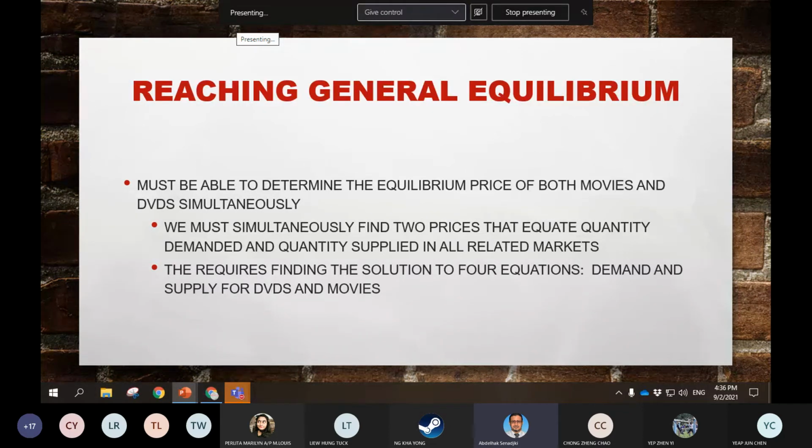So you see in this example, the partial equilibrium analysis will lead us to conclude that tax increase the price of movie from only $6 to 6.35.